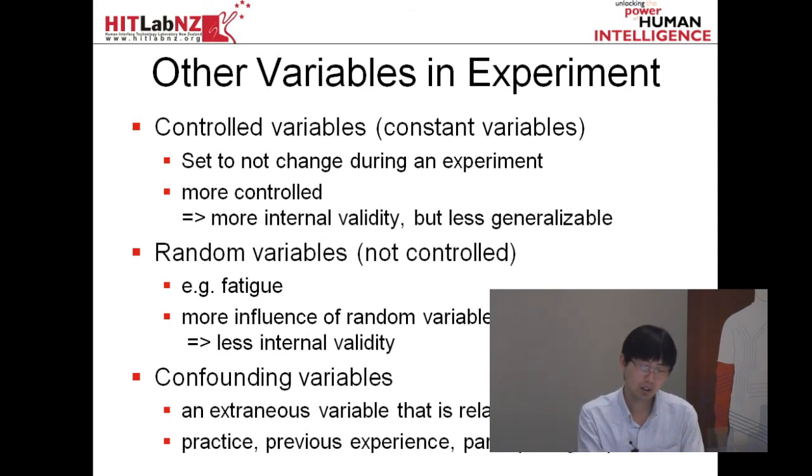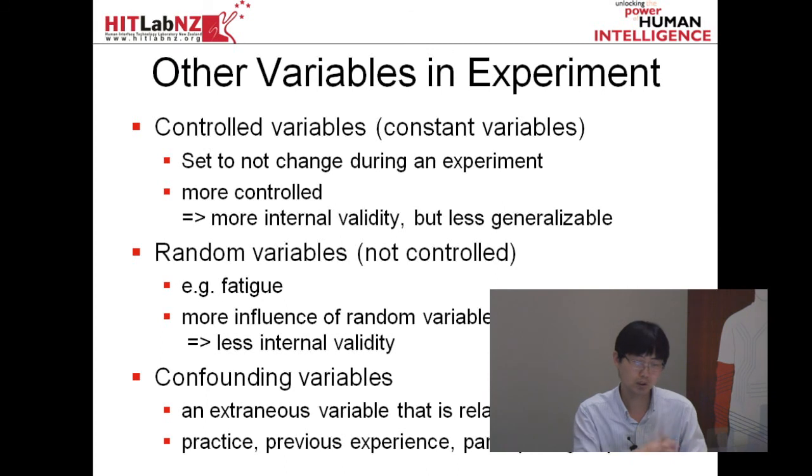But as you control more of the environment, it has a side effect of making it less generalizable. For instance, if you are going to test an interface for bike navigation, and you test it inside a very controlled test environment, such as a laboratory, then it might not reflect the real environment where they use the interface.